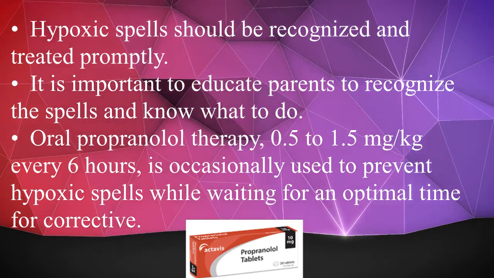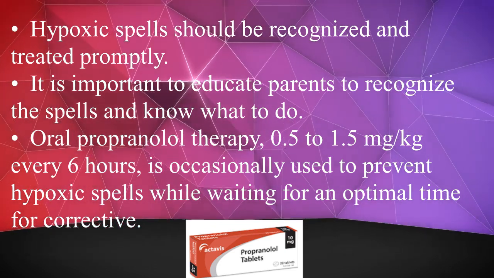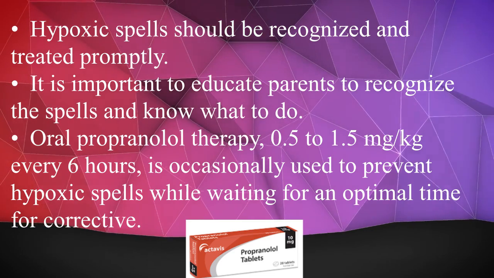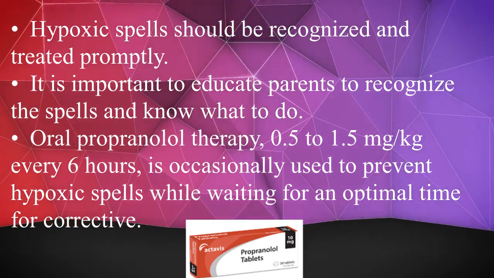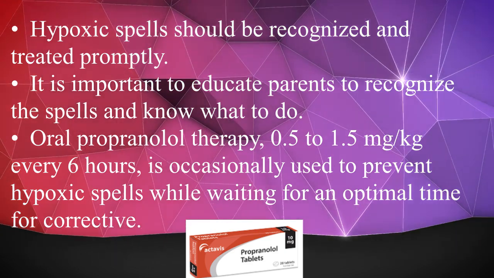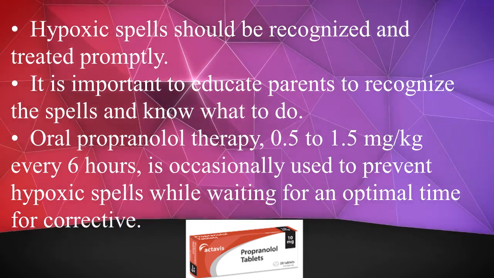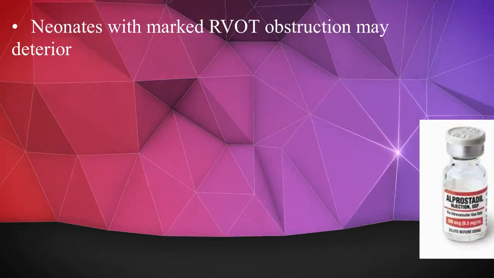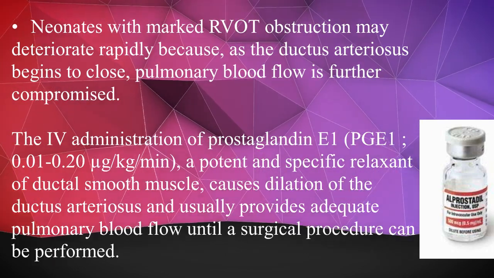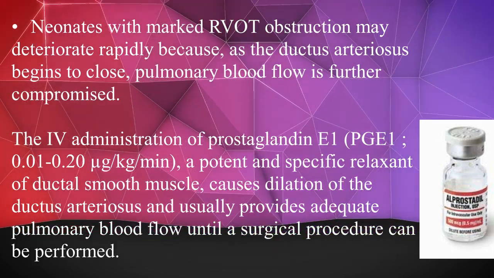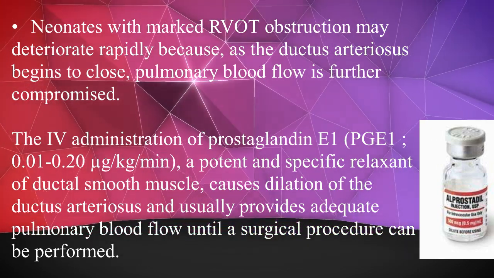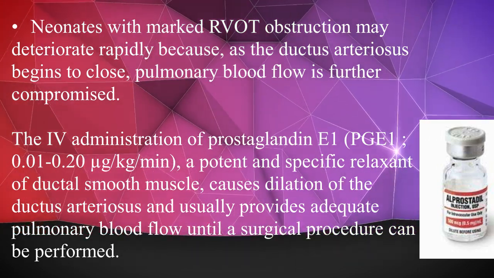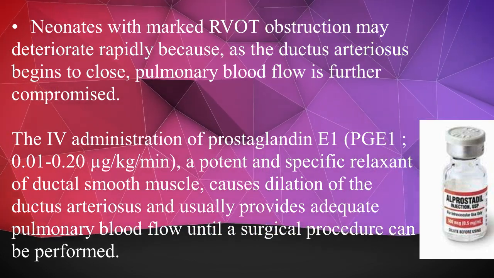Oral propranolol therapy, 0.5 to 1.5 mg per kg every 6 hours, is occasionally used to prevent hypoxic spells while waiting for an optimal time for corrective surgery. Neonates with marked right ventricular outflow tract obstruction may deteriorate rapidly because, as the ductus arteriosus begins to close, pulmonary blood flow is further compromised.